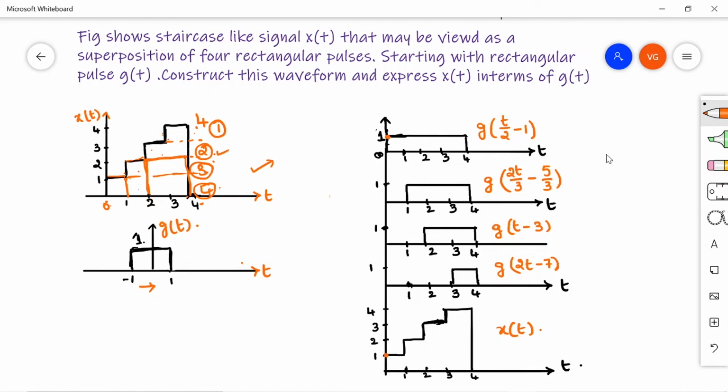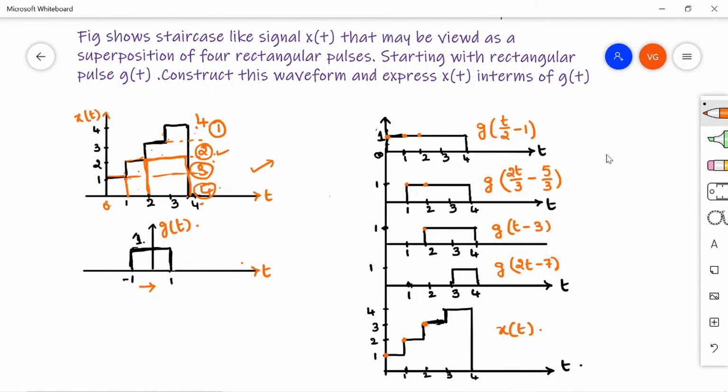So mark 1 here. Then at t is equal to 1, here for the top layer you have 1, then second layer also 1, third signal 0, fourth signal is also 0. So mark 2 here. Similarly, at t is equal to 2, 1 plus 1, 2 plus 1, 3. So at t is equal to 2, you have an amplitude of 3.